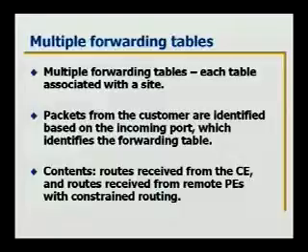So packets from a customer are associated with a particular table based on the interface on which they arrived. And the contents of these forwarding tables are routes received from the CE and also routes received from the remote PEs.